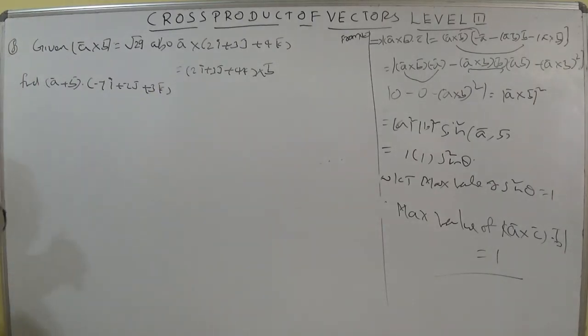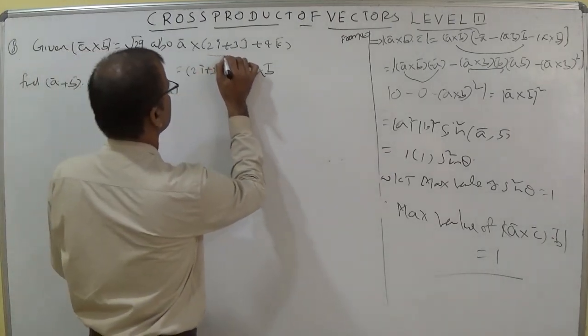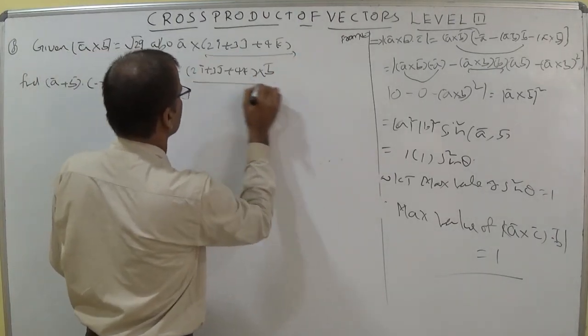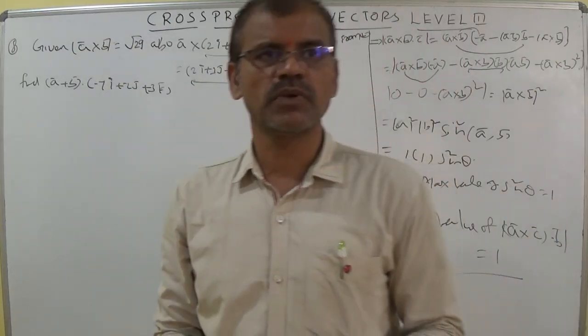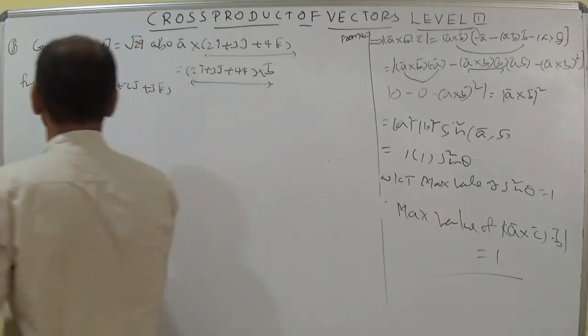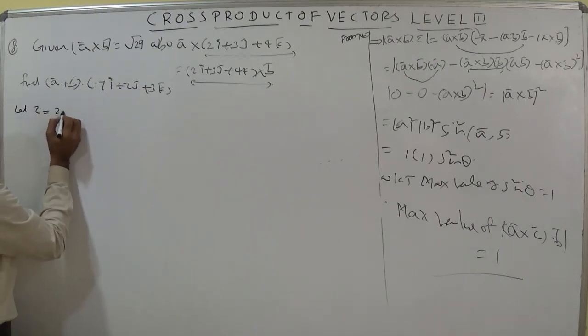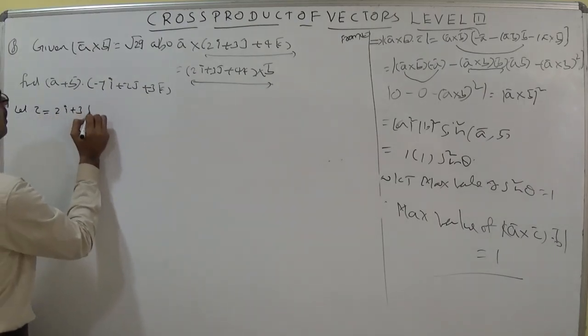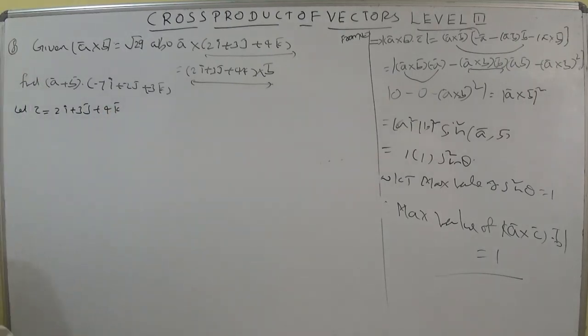Mod A cross B is equal to root 29, he given. Students, let the value 2i plus 3j plus 4k here. Let it be a vector C bar. Let me write: let C bar is equal to 2i plus 3j plus 4k. It is a vector C bar.